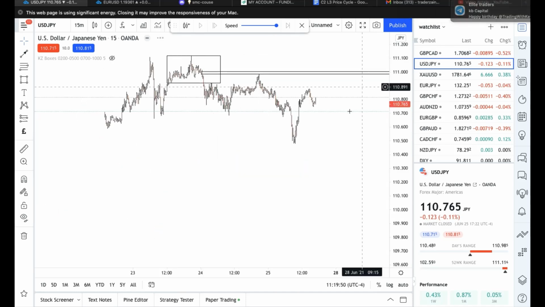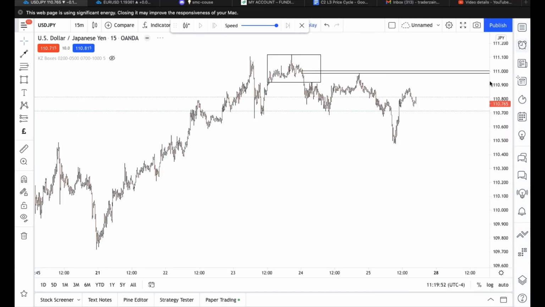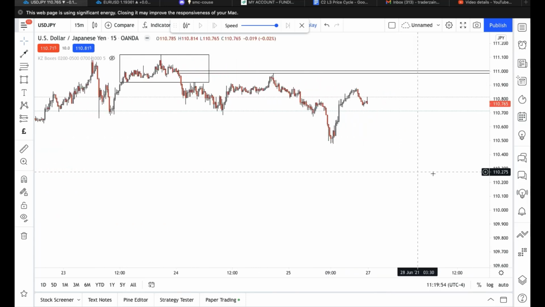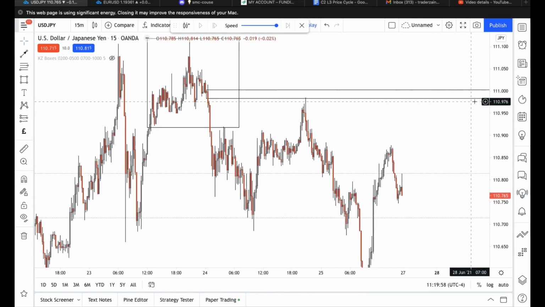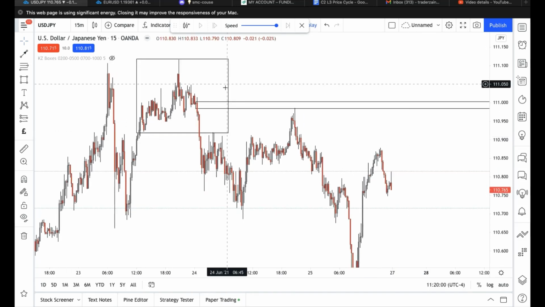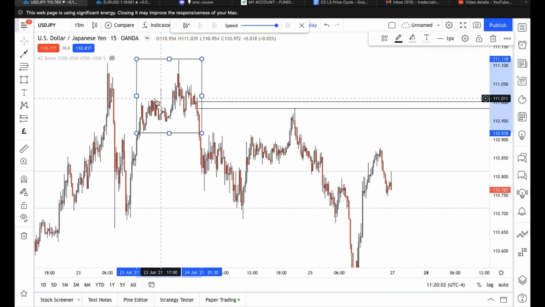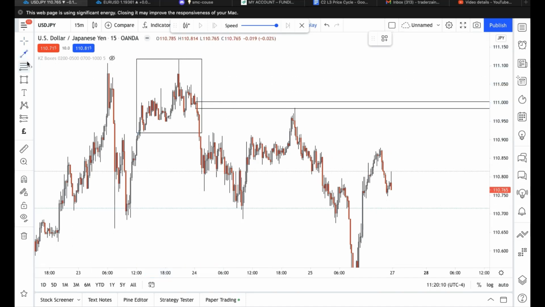Let's look at the 15-minute. Now, this was our consolidation phase, right? Now, once price was consolidating, what happened? It expanded, right? And what did it create right here?